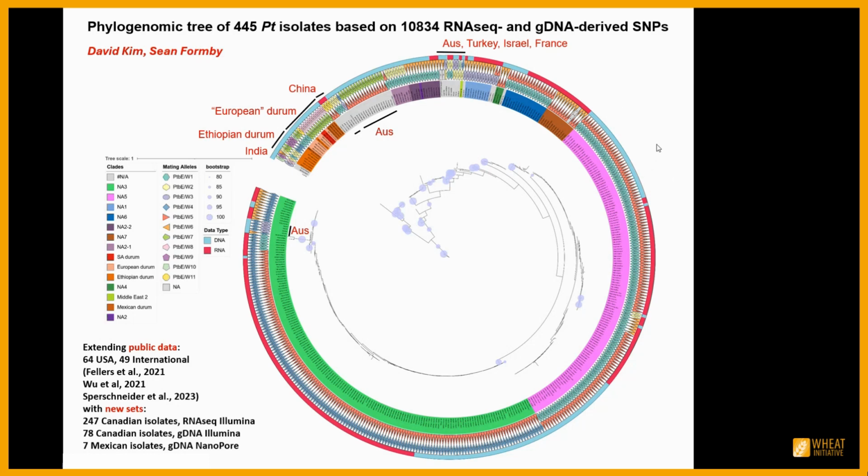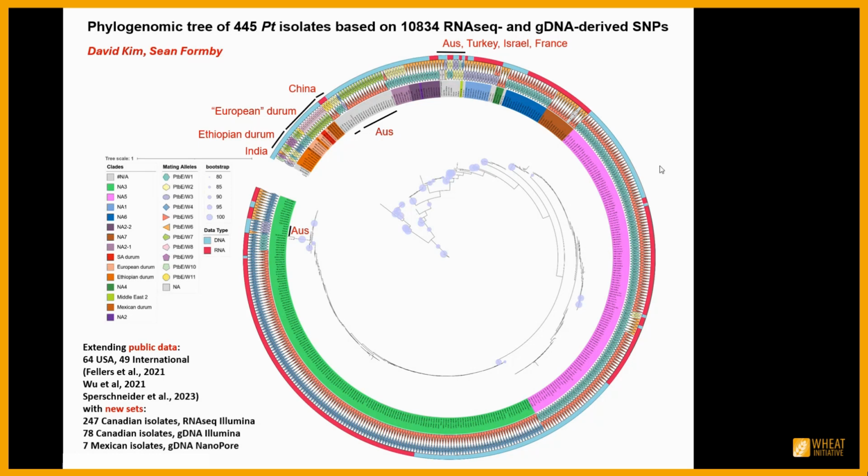One of the things is that we have haplophased genomes of representatives of the different clades. My bioinformatics student, a very talented guy, Sean Formby, was able to haplophase the reads. And what we could see is that when you do RNA sequencing, not all genes are expressed from the same haplotype.